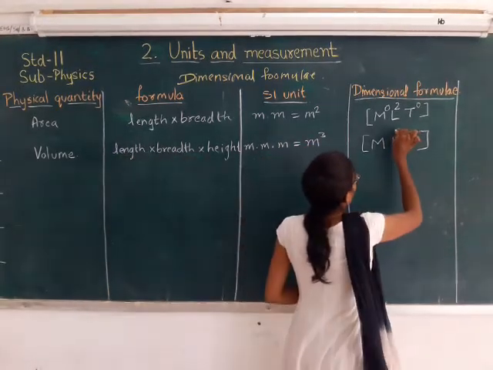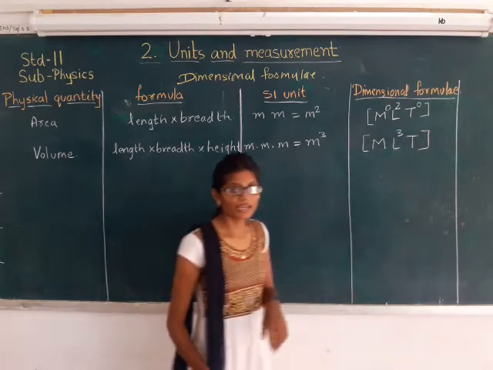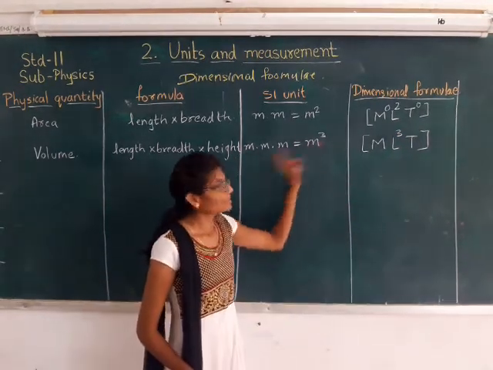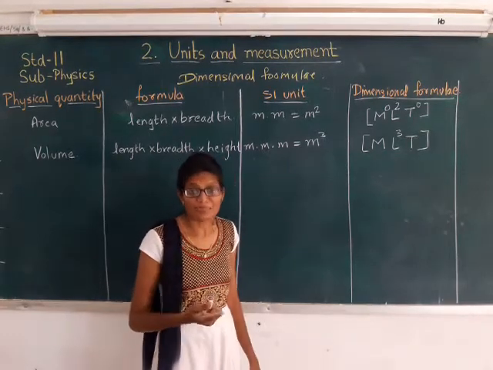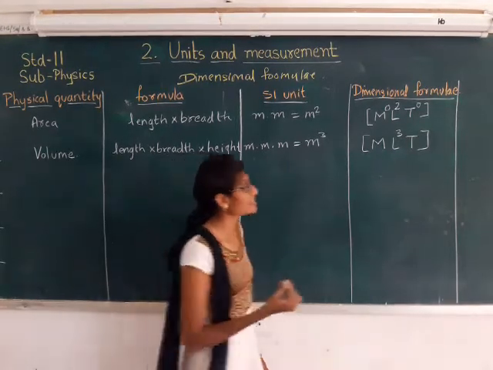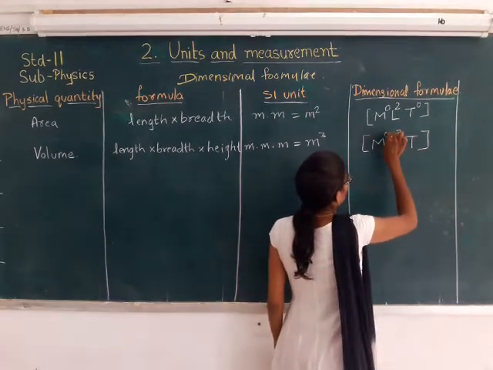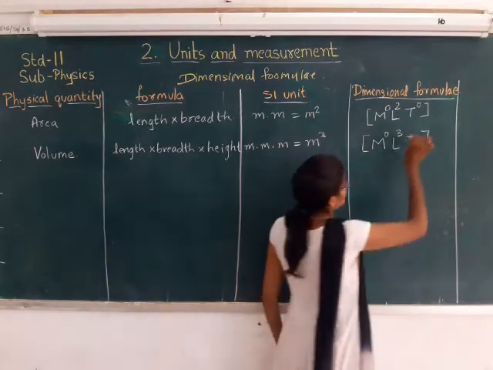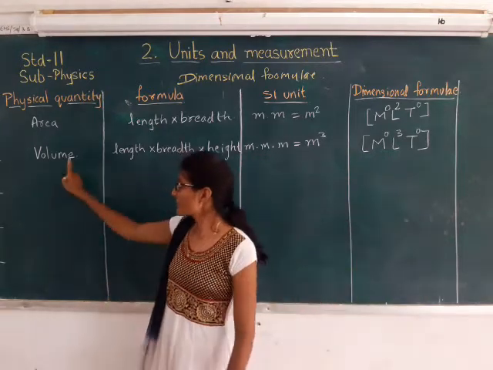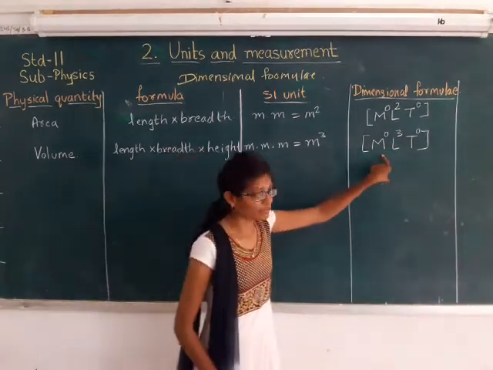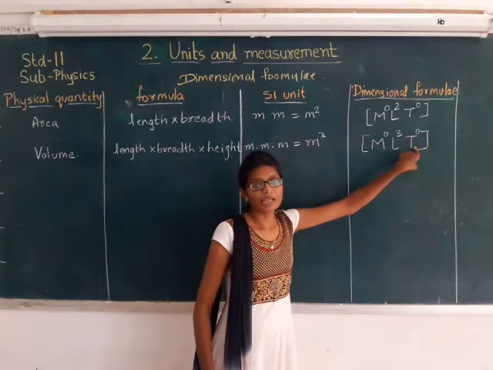So the power 3 is written over here. We do not have any other dimension of mass and time, so we can say the dimension of mass and the dimension of time is 0. So I can write over here the power of mass is 0, and the power of time is also 0. So what is the dimensional formula of volume? That is M0, L3 and T0.